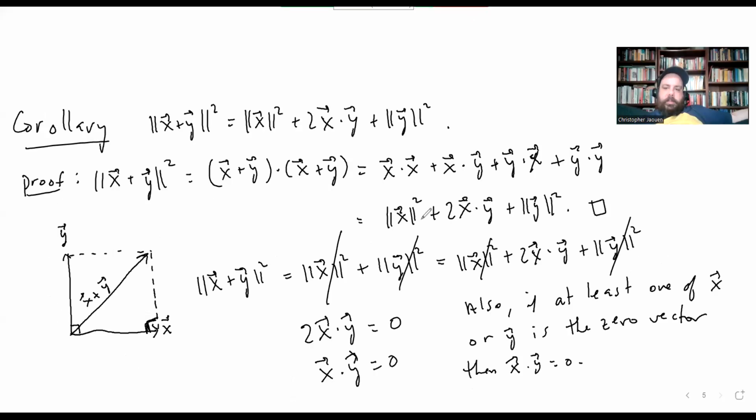So did I share my screen? Okay, so let's say we have the vector x and the vector y, and this is the angle theta.